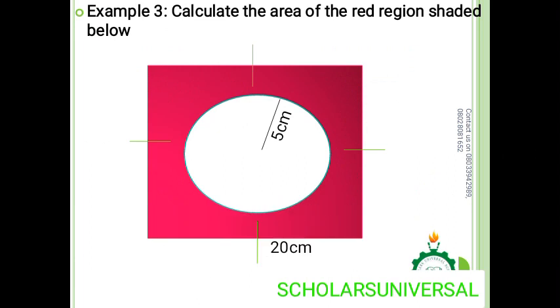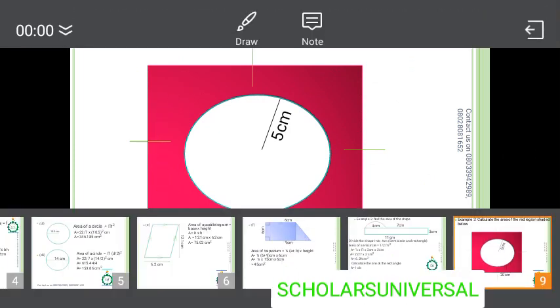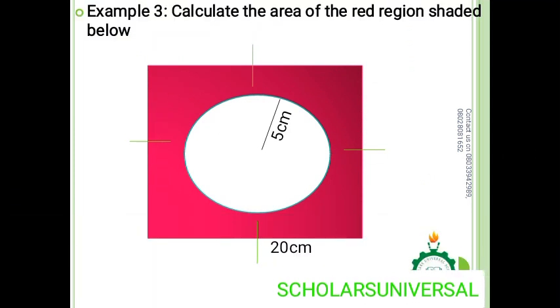Another one I'm still considering now is example 3. We are asked to calculate the area of the red region shaded below. This is the red region, and the red region is a square from my own perspective, and I also have a circle here of radius what? 5 centimeter.